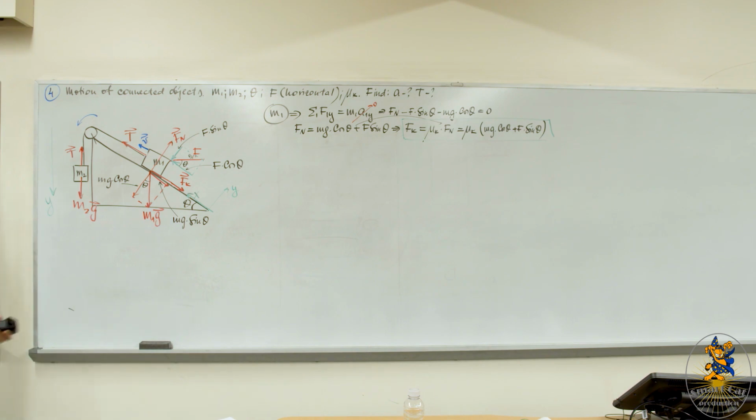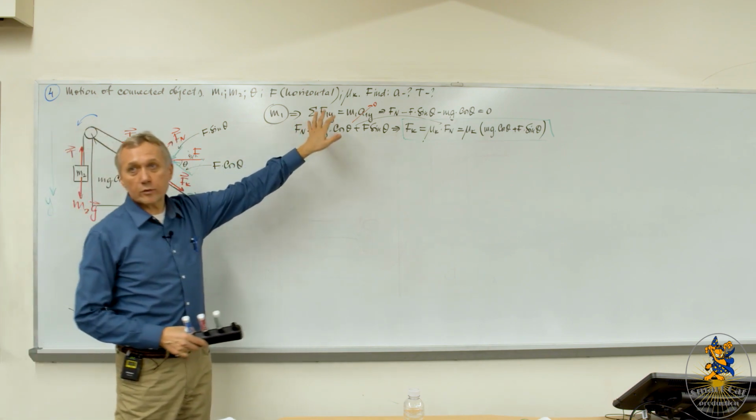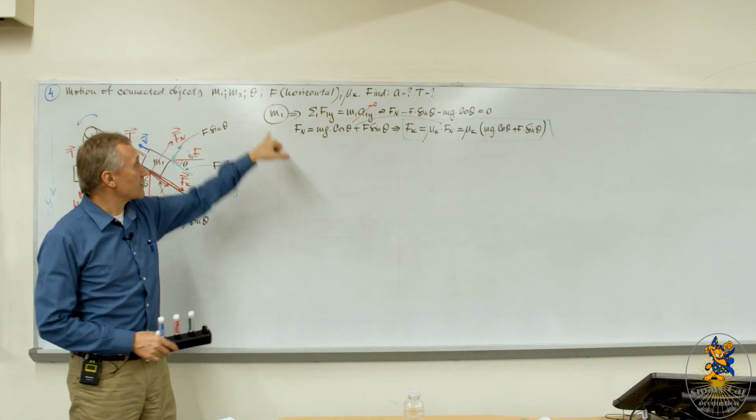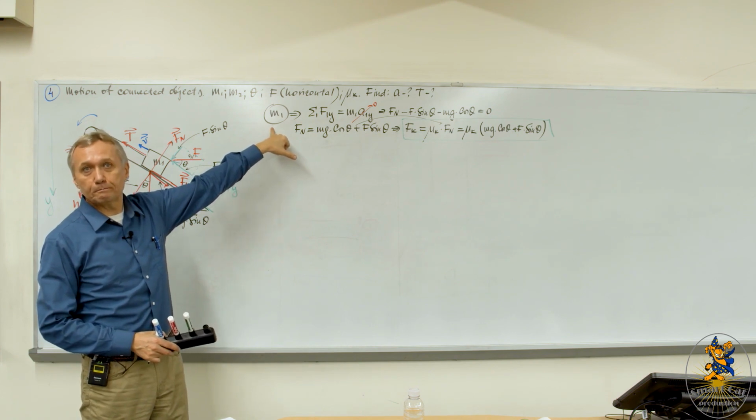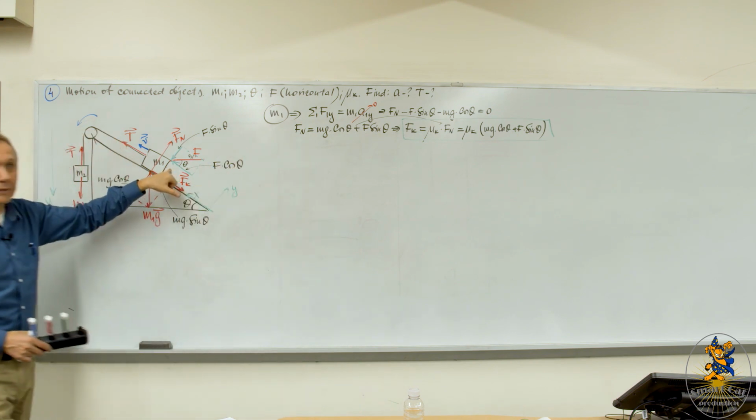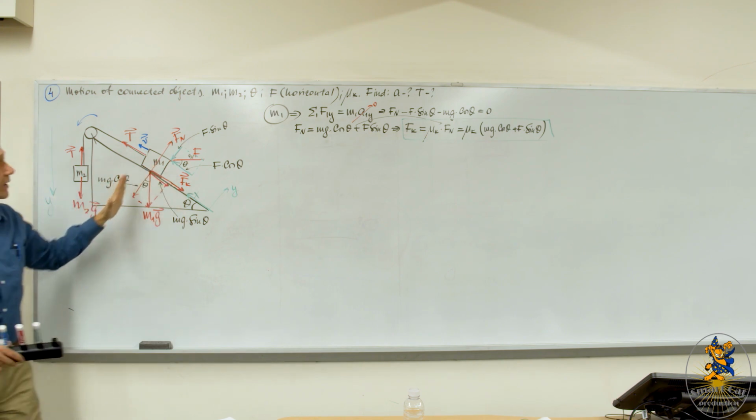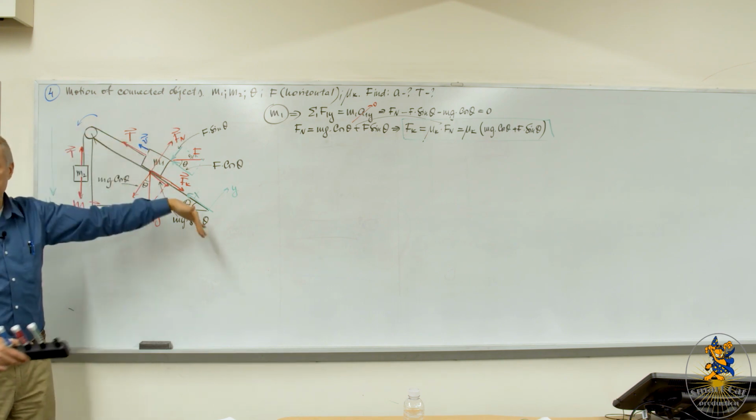So we exhausted the equation in the y direction. Now let's do the same, but in the x direction. But again, still about mass m1. We're still playing with this mass. So we apply the equation in this direction, now in this direction.